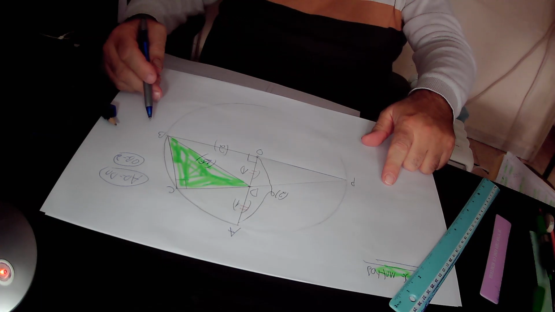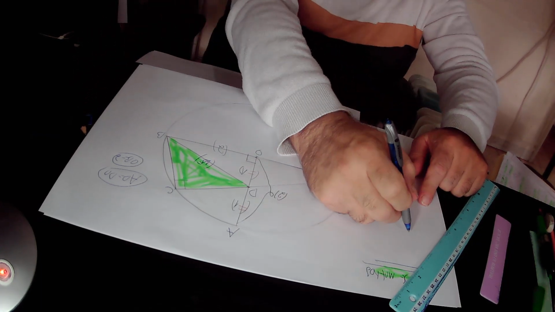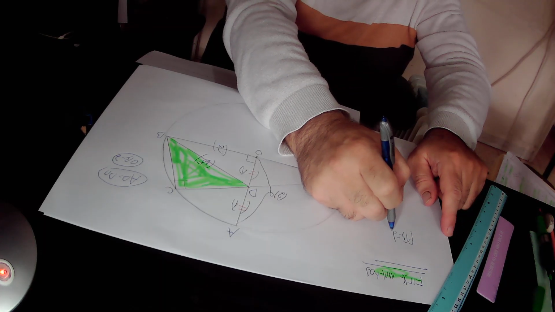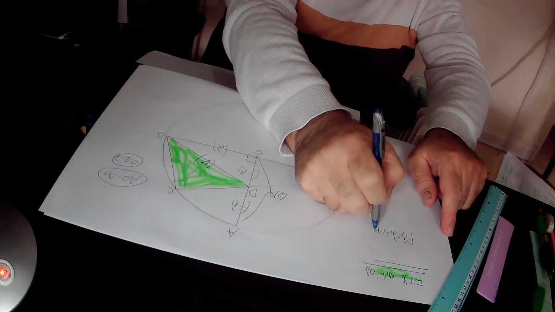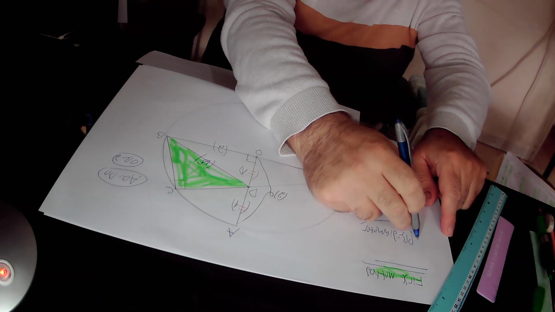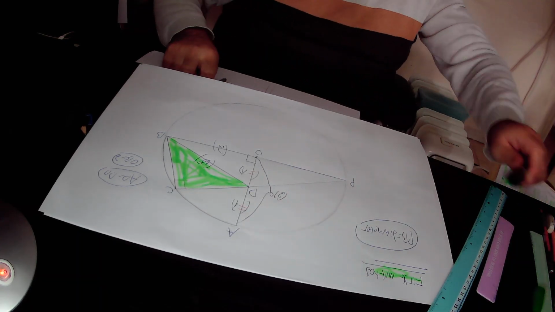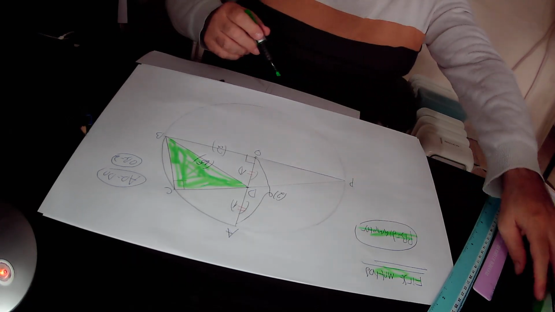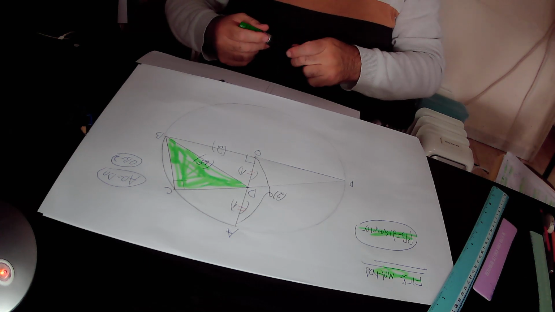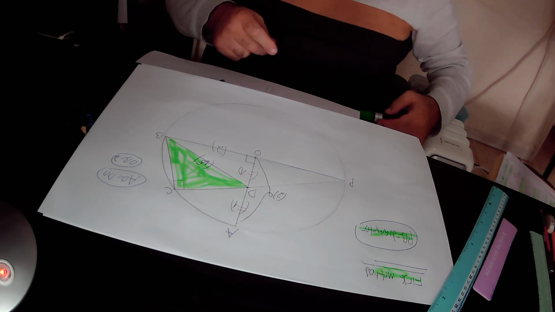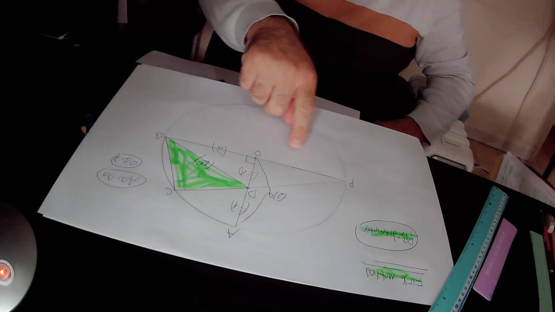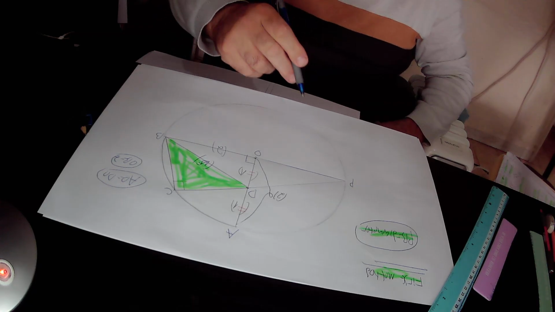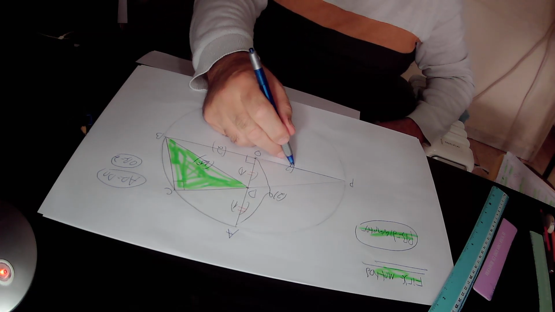Therefore PB is the diameter of this circle. Point O is the center of the circle, point P is a point on the circle itself, therefore OP is a radius of this circle, equal to 2 units in length.